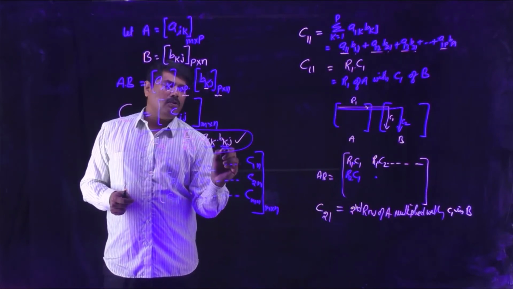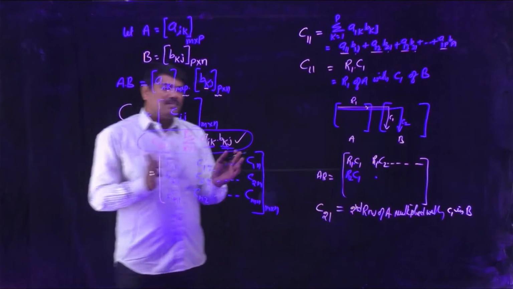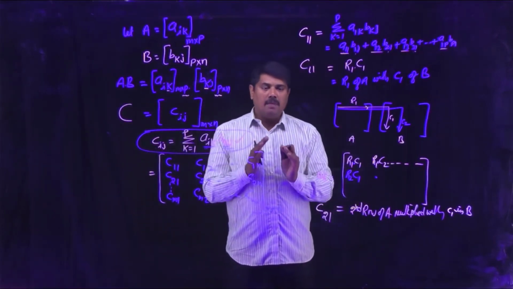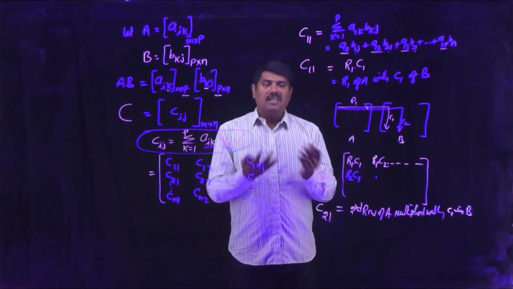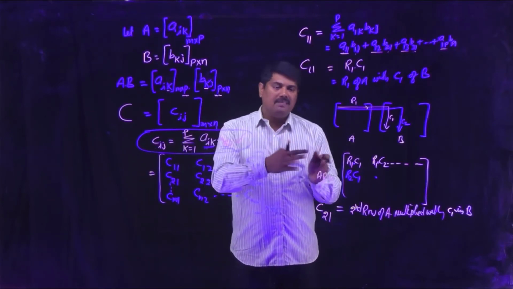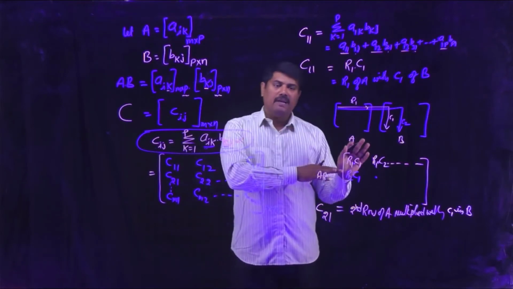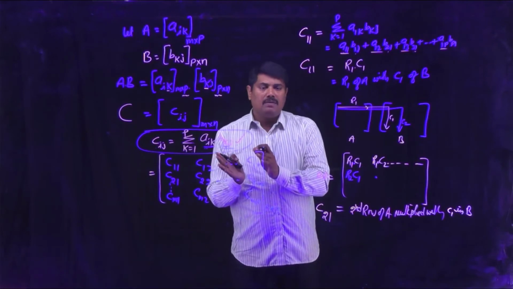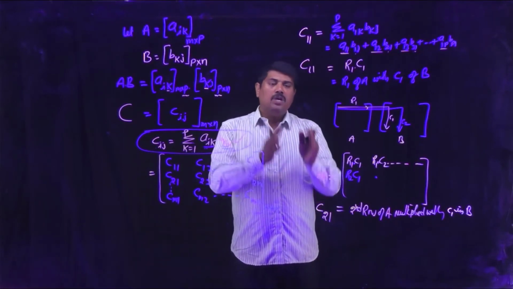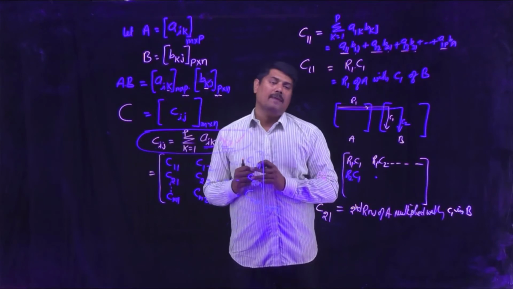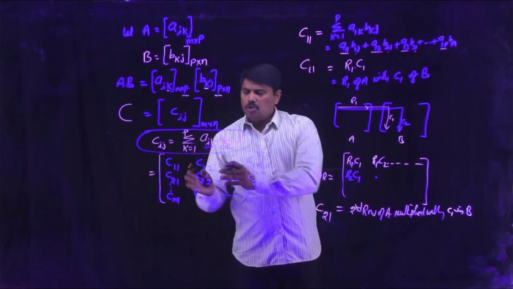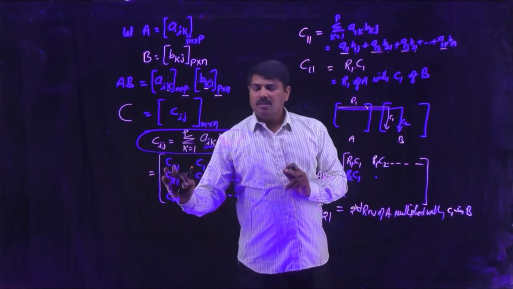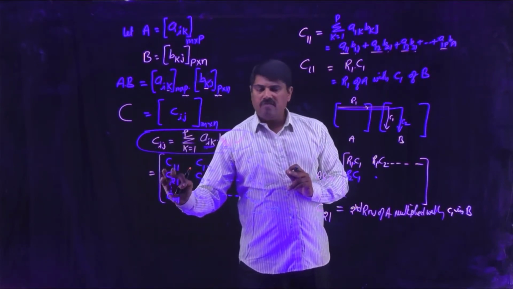What are the products? Rows multiplied with columns, remember, not rows with rows. Which row and which column you consider gives the position in the new matrix. For C11, first row, first column, you multiply the first row with the first column.